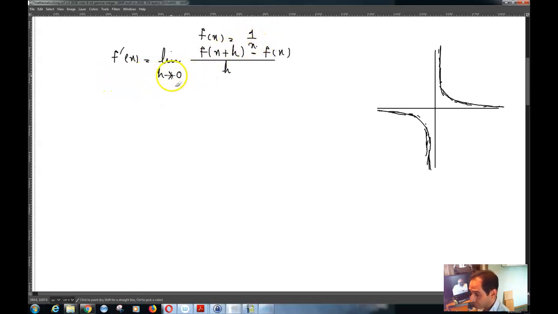So then you can say that the derivative of the function is the limit of f of x plus h, which is 1 over x plus h, minus f of x, which is equal to 1 over x, over h as h tends to 0.